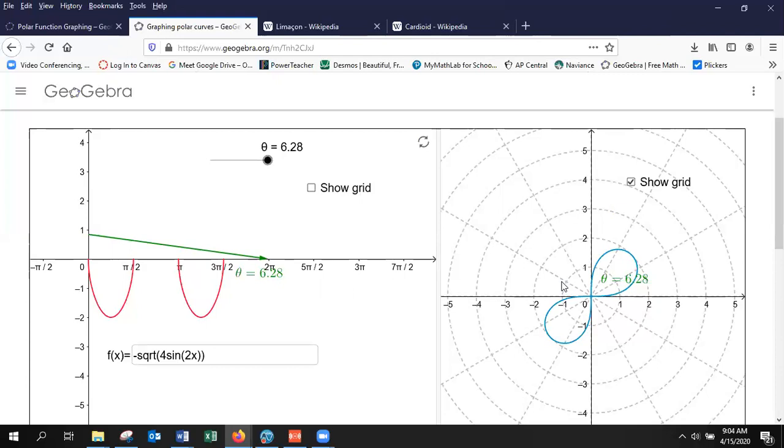So please be smart about what test you're using in order to prove your symmetry. So this one does have pole symmetry. And why does it have pole symmetry? Because this one is a lemniscate. So knowing what equation gives you what graph is very, very helpful when it comes to actually verifying what symmetry is going to occur.